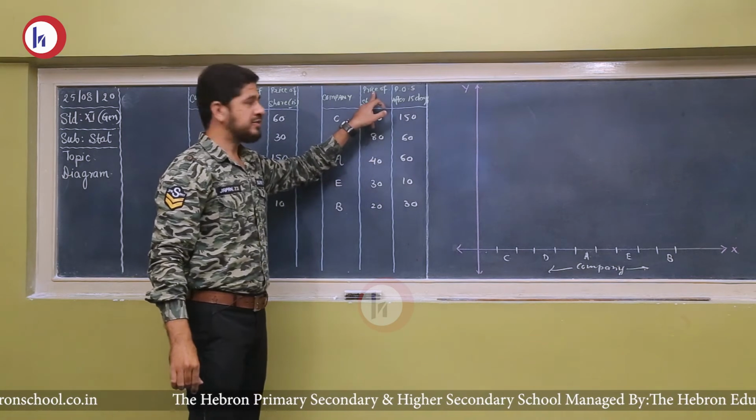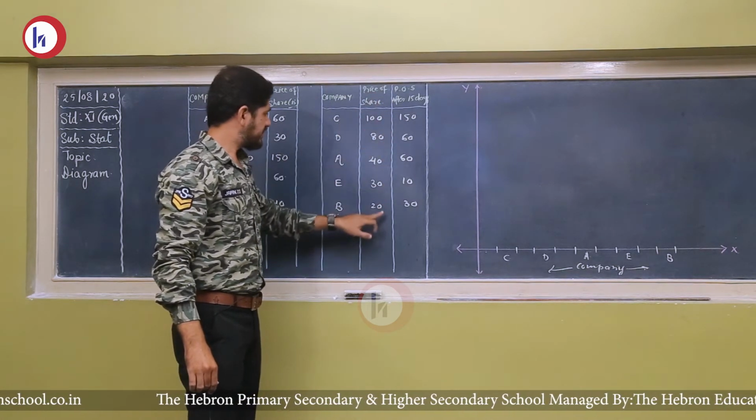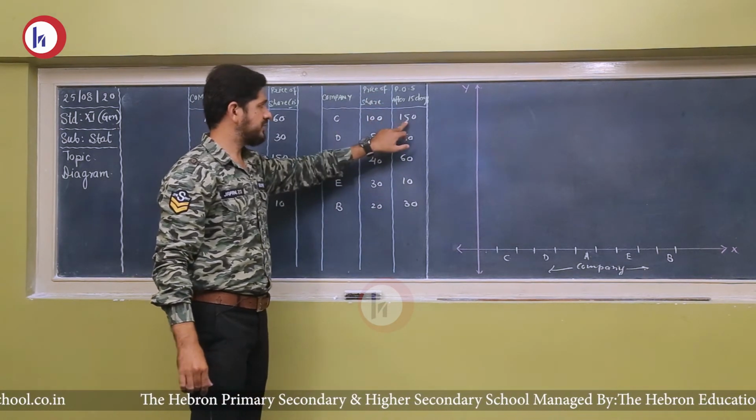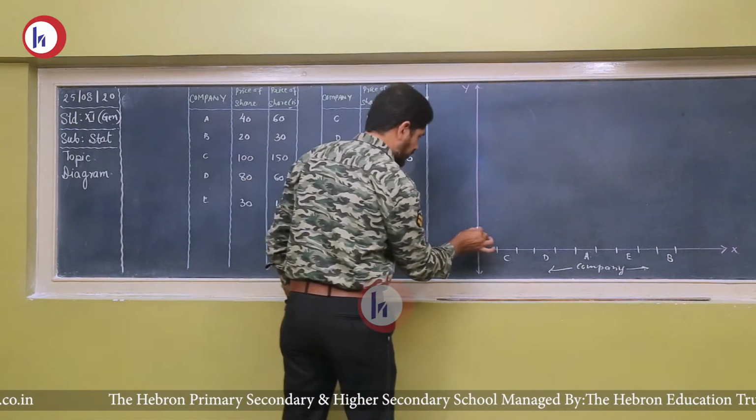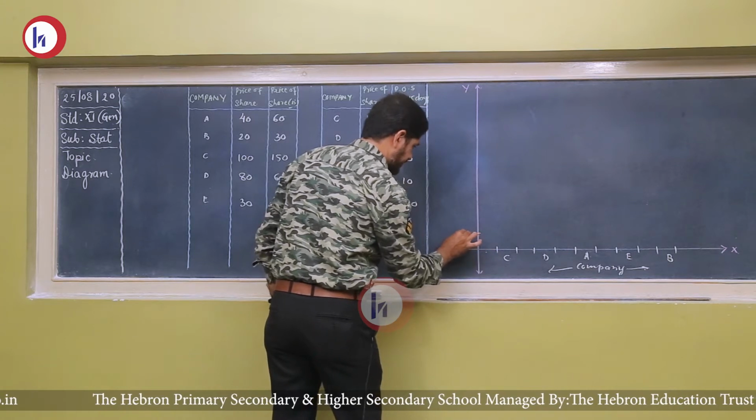Now the price of shares, the highest value in the price of shares is 150. So let's take the difference of 20 rupees.